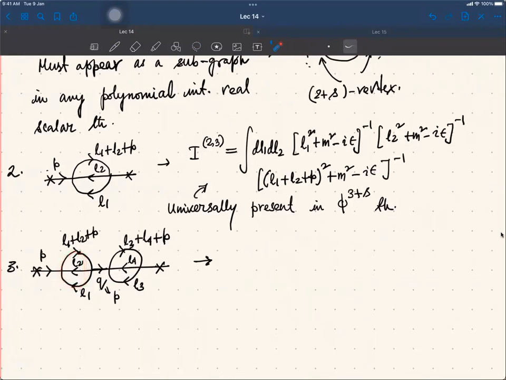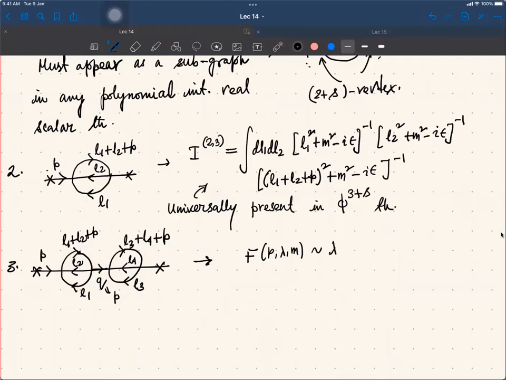If you calculate this entire diagram, these are external legs which are amputated, and you will have a 1PI part. From this 1PI part you have an integral. From this 1PI part you will also have an integral, but this propagator will be there, and that propagator will depend on P. Therefore in this case you have a non-trivial F, where the lambda dependence will be 1, 2, 3, 4, 4 vertices.